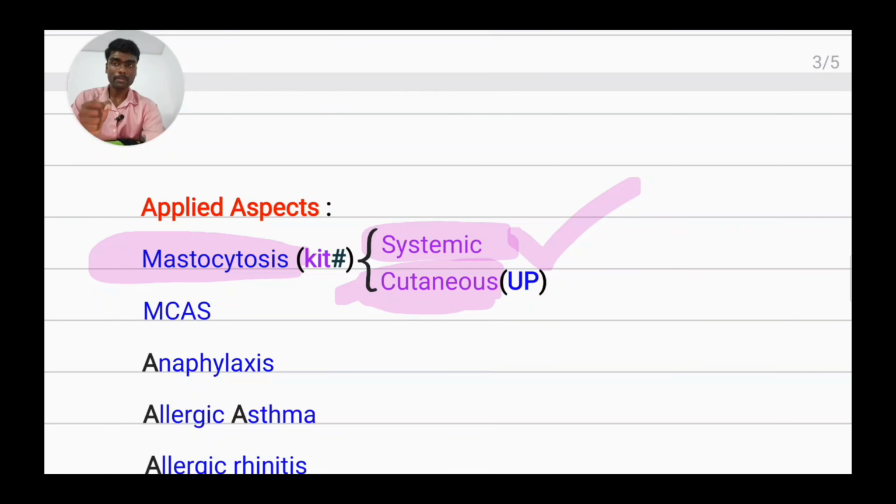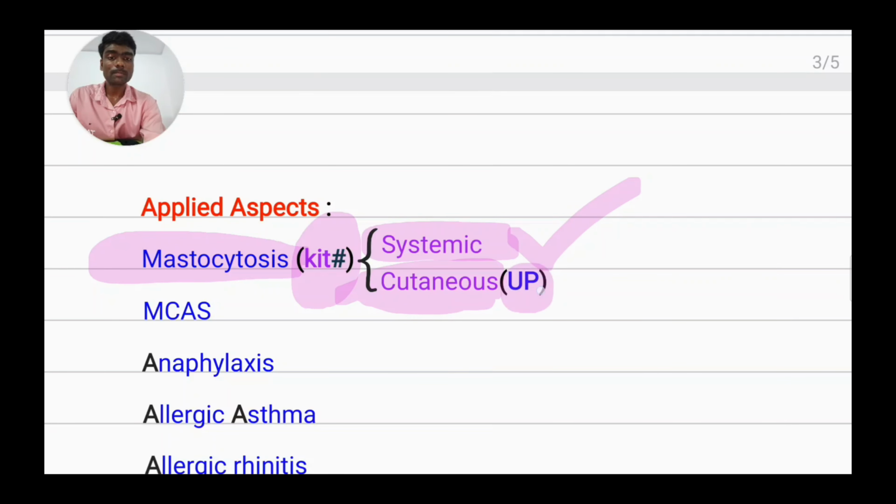In systemic mastocytosis, there is an aggressive form called mast cell leukemia, where granulated mast cells will be seen more in number in the bloodstream and bone marrow, where we shouldn't see any granulated mast cell at all. It is because of KIT gene mutation. The KIT receptor is the main thing to get influenced by stem cell factor, and it will lead to maturation of mast cells.